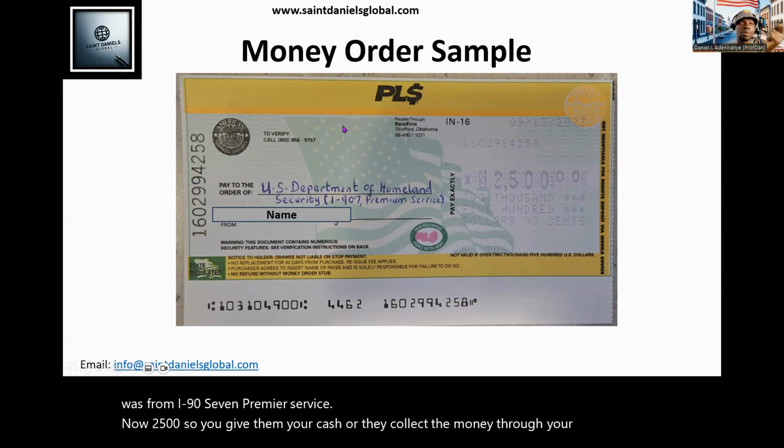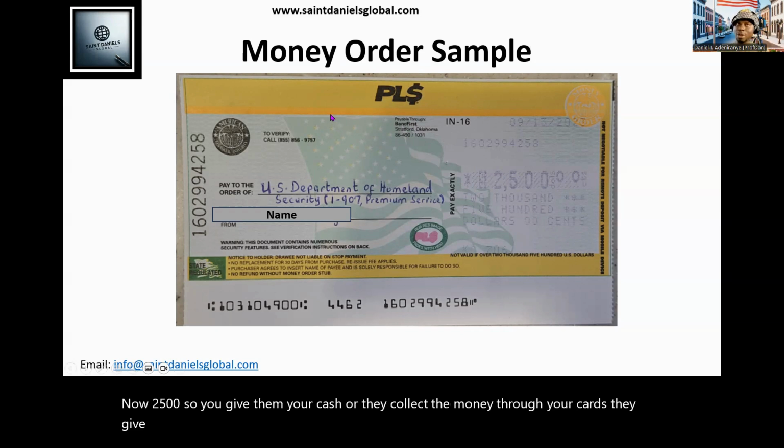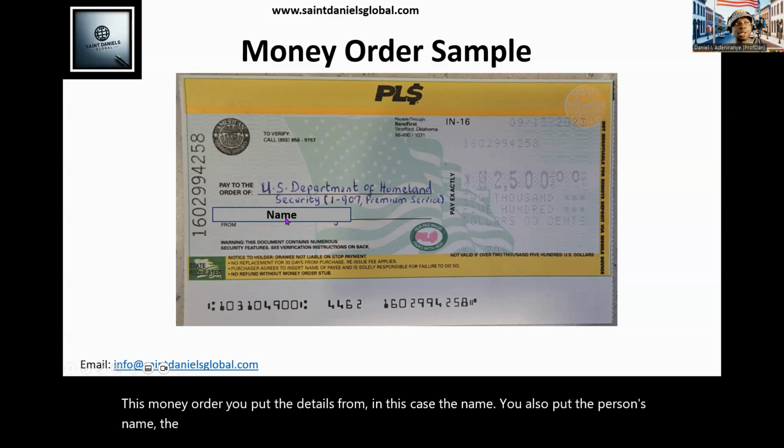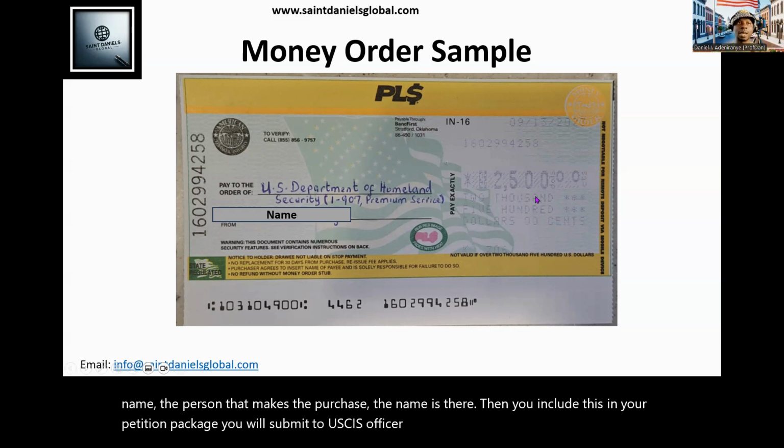They give you this money order. You put in the details, in this case the name, and you also put the name of the person that makes the purchase. Then you include this in your petition package you will submit to the USCIS officer. So that's that on this.